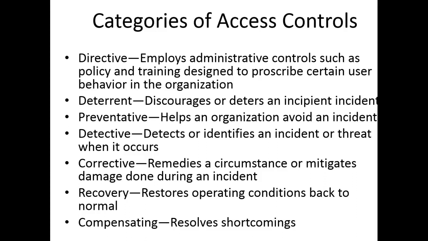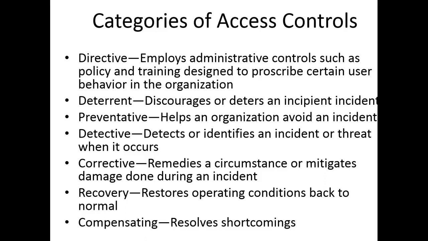Preventive can help a company avoid an incident, for instance the requirement for strong authentication in access control. Detective helps identify an incident or threat when it's occurring, and corrective is basically remedies that mitigate the damage that is done during an incident.